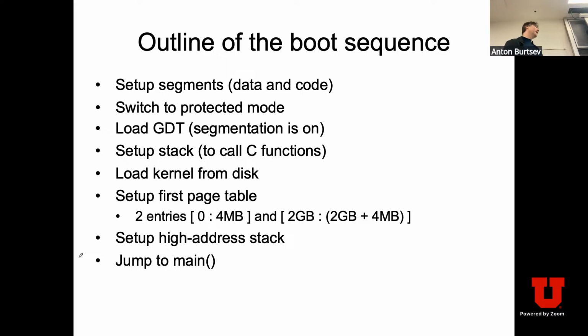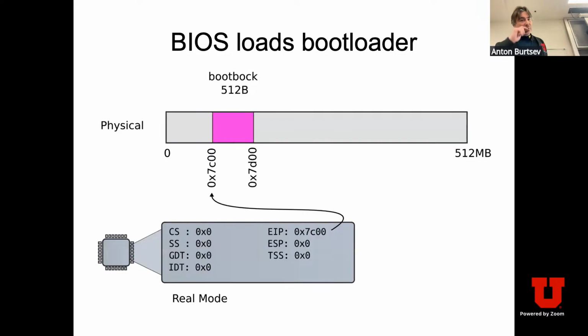In the case of this classical boot protocol, BIOS loads the boot sector into the 7C00 address and jumps to it, and this is where we start running. The Intel Management Engine was initialized, the system management mode as well, but in the end we find ourselves running right at this very address.